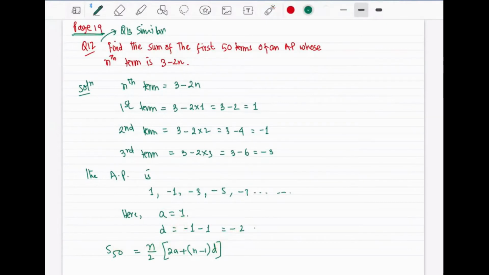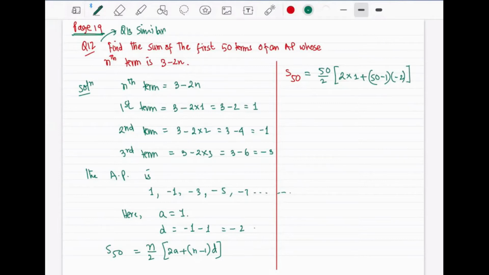Let's do this part on the right-hand side. The sum of 50 terms is 50 by 2, [2 into a, which is 1, plus (50 minus 1) times d, which is minus 2]. Since the value of d is negative, don't forget the minus sign, and enclose the negative value inside brackets.